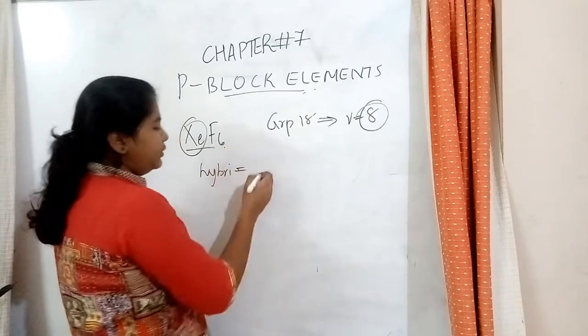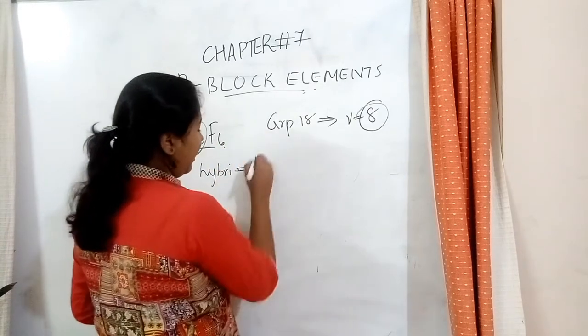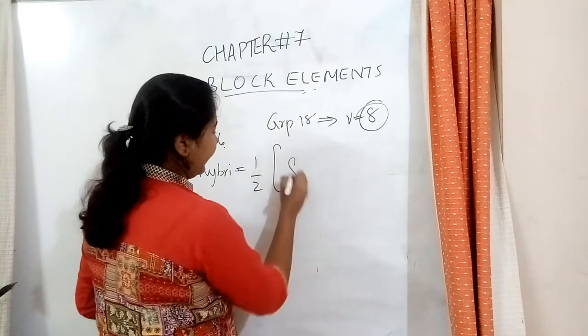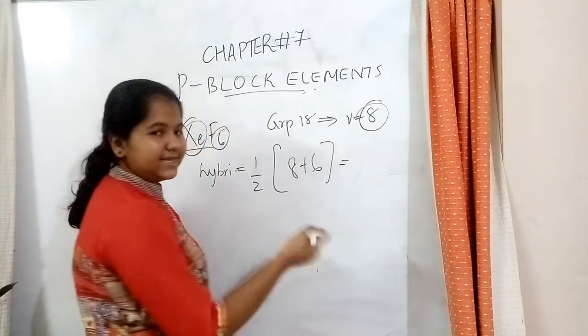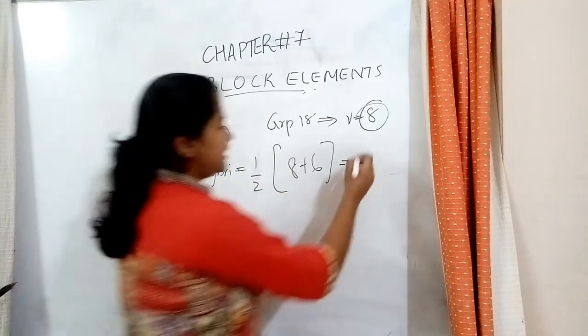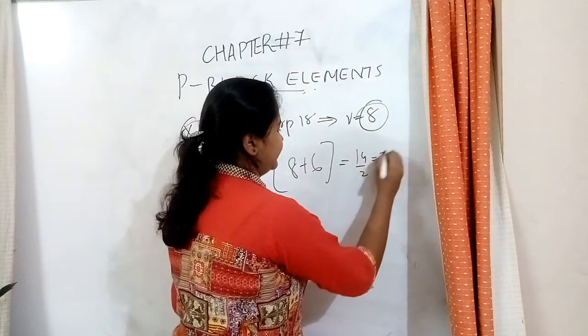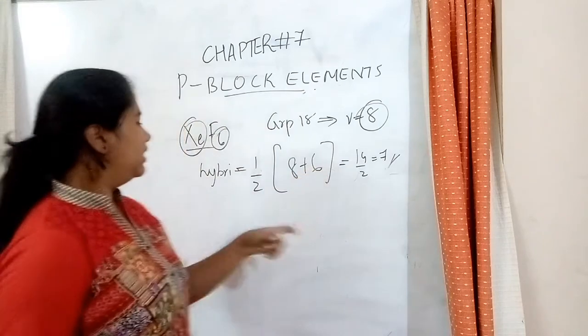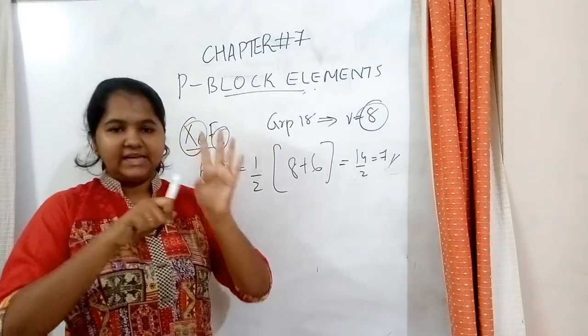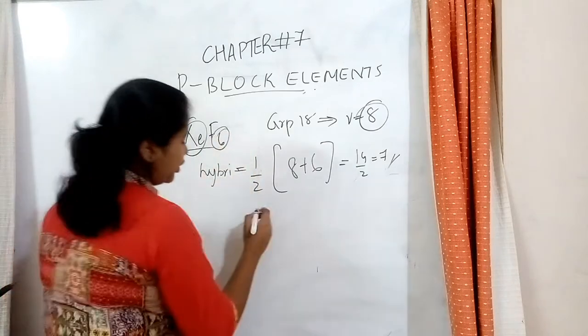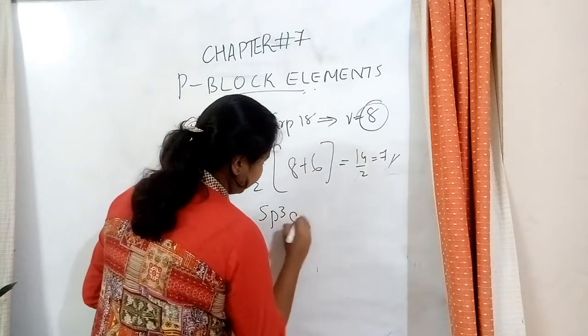That is half into 8 plus 6. 8 plus 6 is 14. 14 by 2 is equal to 7. So the hybridized state is 7, so sp3d3.